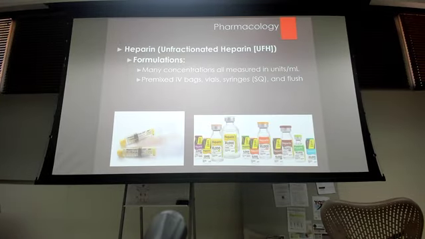As I mentioned, be careful because there's heparin in a lot of things and in multiple concentrations. So dosing sometimes can be a big error that's made. There are some examples on the bottom of the slide of all the different forms that heparin can come in.